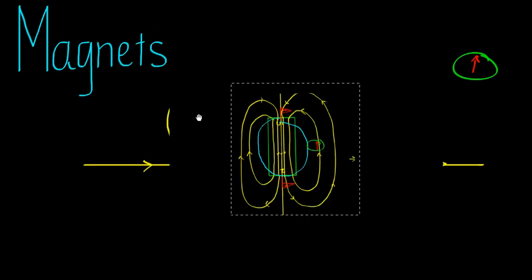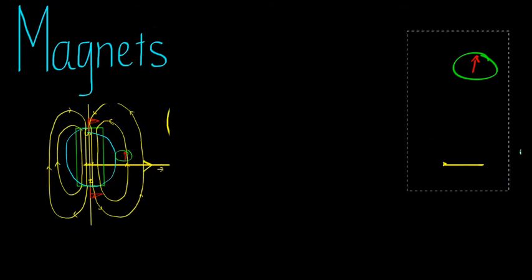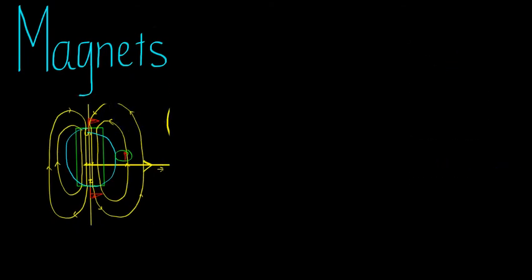Now a little explanation for why magnetism exists. Any bit of metal has atoms and electrons. The electrons have, well, if not motion, they definitely have some kind of spin.